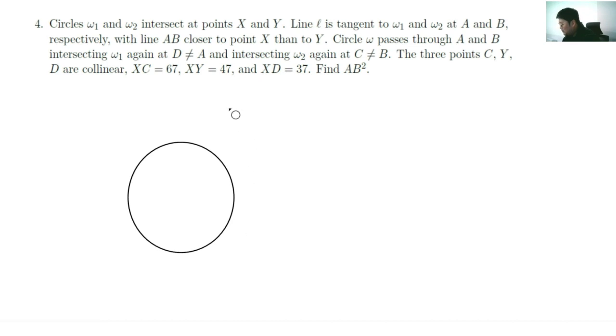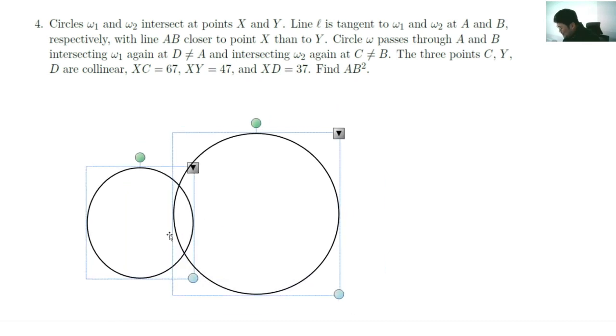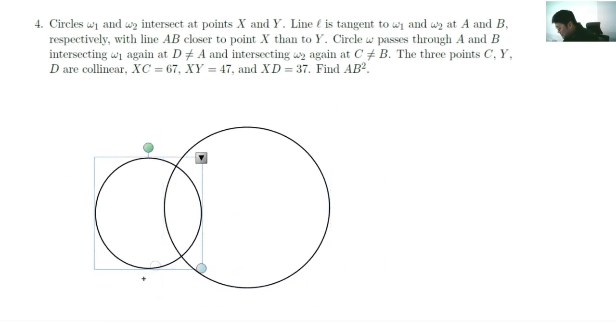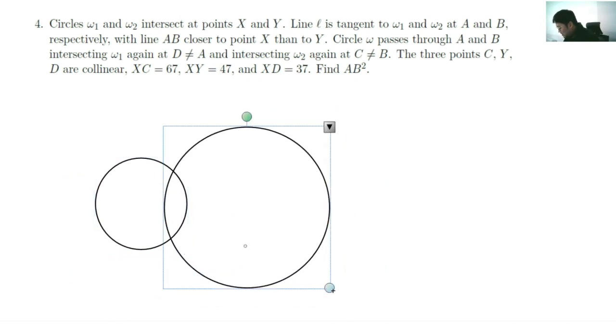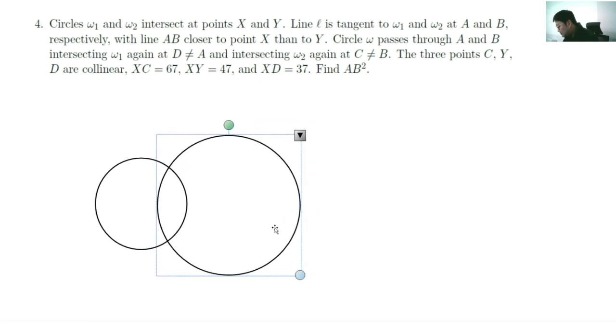So there are two circles. I gotta draw some nice circles. If you draw the circles, you guys will notice that the pictures are gonna be super ugly, and you will notice that we are actually studying AIME. Okay.